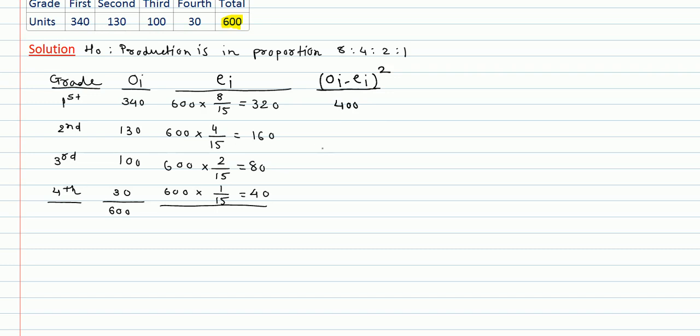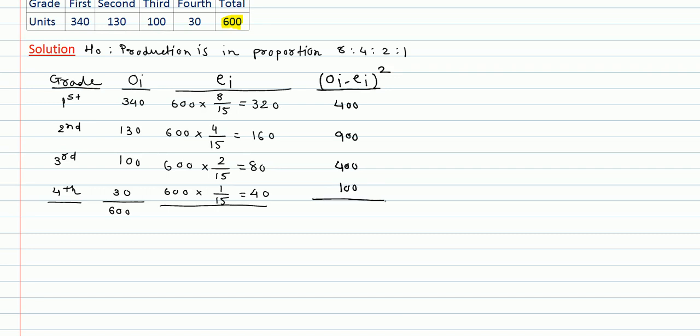Now in second, 130 minus 160, it is equal to 30, and 30 square is 900. 100 minus 80 is equal to 20, and 20 square is also 400, and 30 minus 40 is equal to 10, and 10 square is 100.